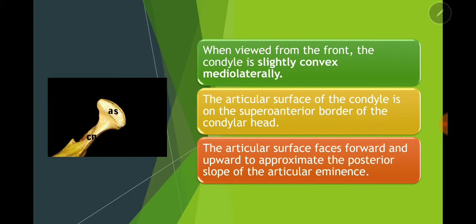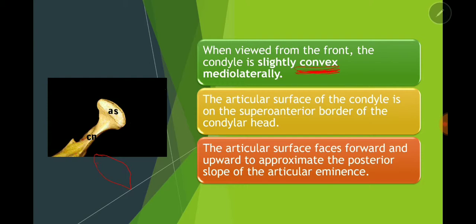When you're viewing from the front, the condyle is slightly convex. So all in all, when you look in all directions, the condyle is convex, like a football. Everything is nicely rounded: anterior, posterior, medial, lateral, the condyle is convex.